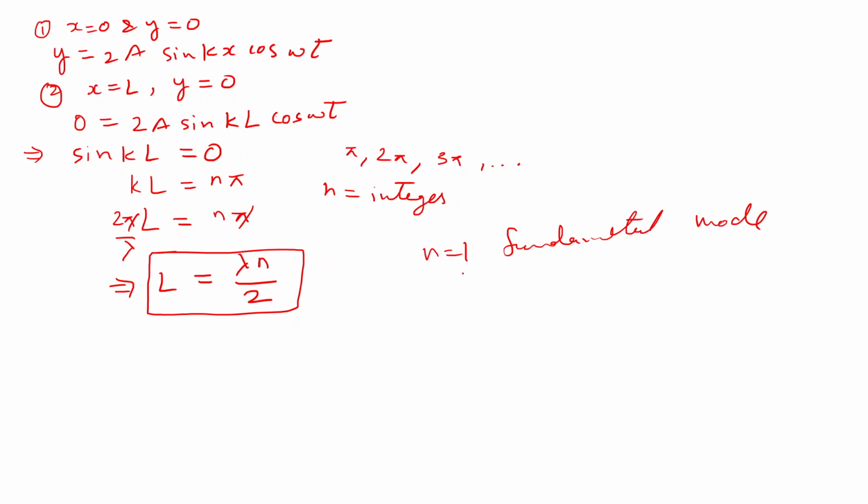For n is equal to 1, L we get lambda by 2. Now we want to find out what will be the frequency for the fundamental mode. We know velocity is the product of frequency and wavelength, right?